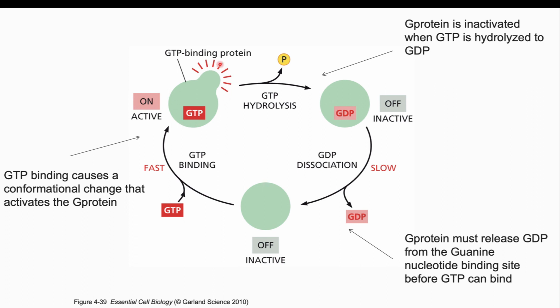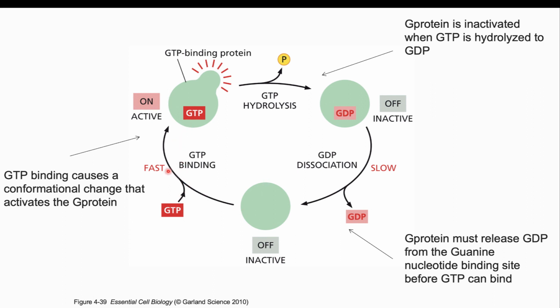So this is our active form. G protein is inactivated when GTP is hydrolyzed to GDP. So this is an enzymatic reaction that is happening within the G protein itself. It has that ability to cut off the phosphate group, and then the protein must release the GDP from the guanine nucleotide binding site. It becomes kind of free form before GTP can bind again.